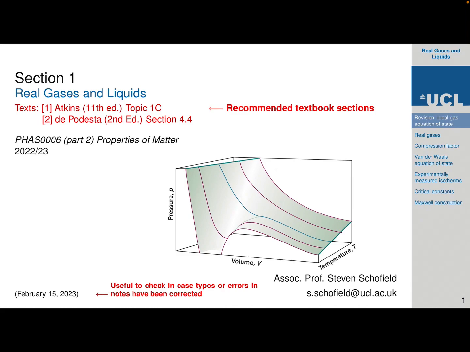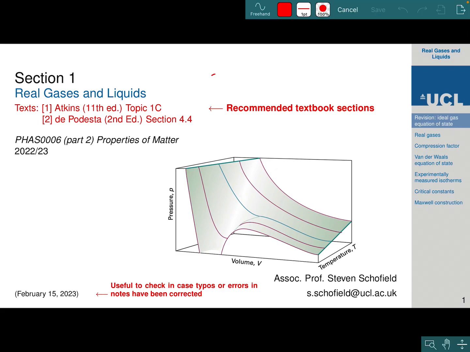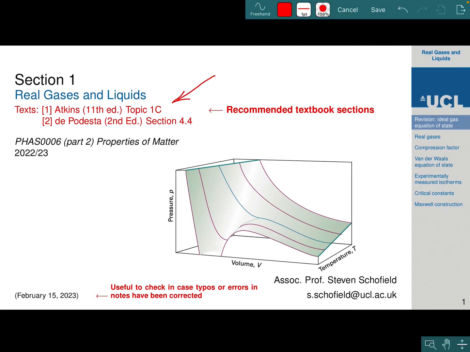So this second part of PHAS0006 will be divided into 4 sections in total. And for each of the sections we'll have a section title slide like this. And I just wanted to mention a couple of things about the title slide. The first and probably most important is that here you can see some recommended sections of the textbooks. So the notes are designed to contain all of the information that you need to study the module.